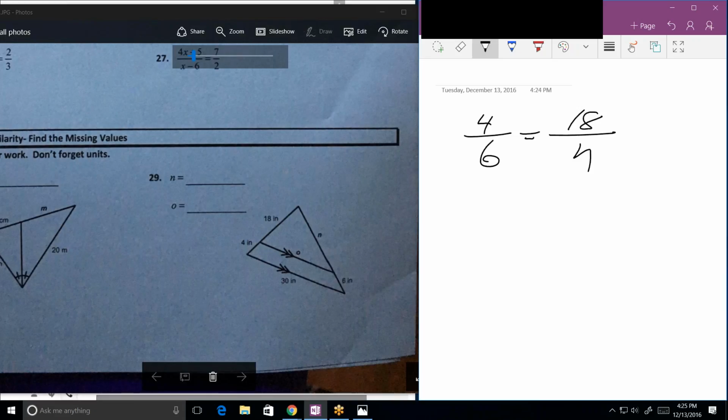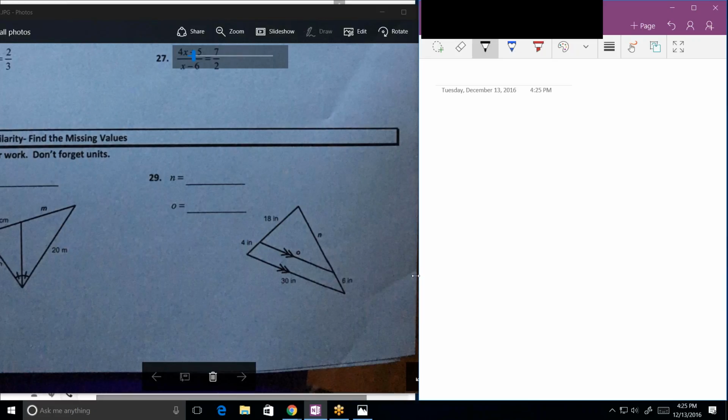But it always makes me a little nervous because notice that you're comparing a trapezoid to a triangle. You see that? The bottom figure is a trapezoid. This is a triangle. Turns out that, yes, the ratio of those two sides is the same as the ratio of those two sides.